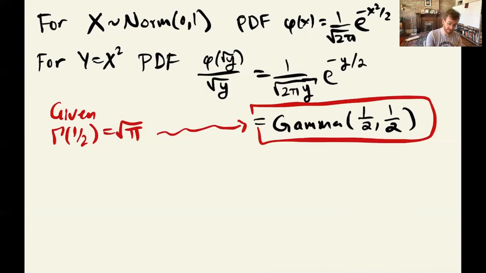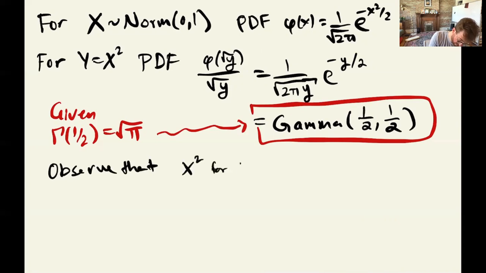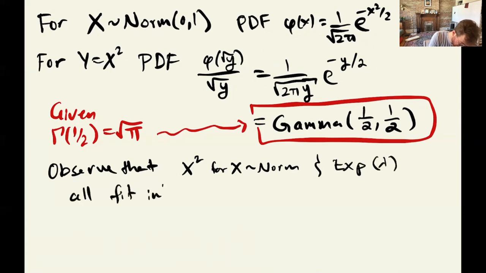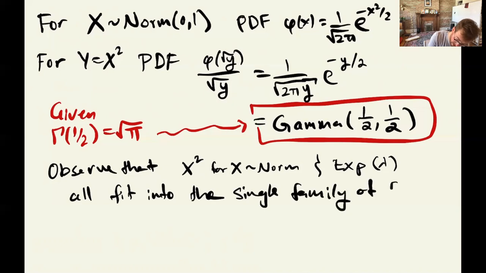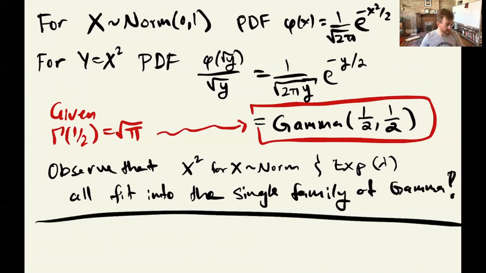In particular, we can observe that X squared for X a normal, and exponentials, all fit into the single family of gamma. It's kind of nice.